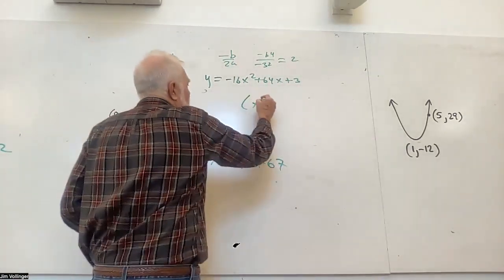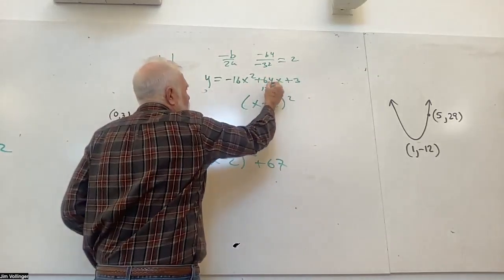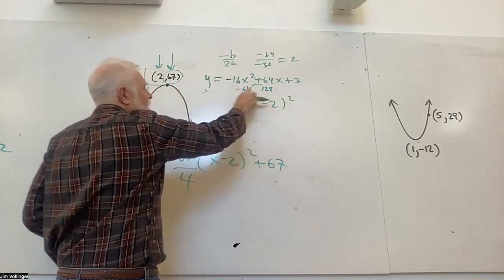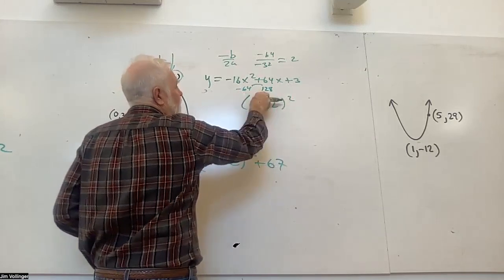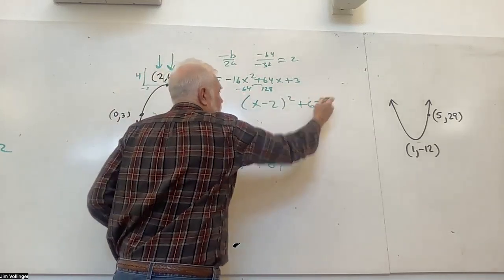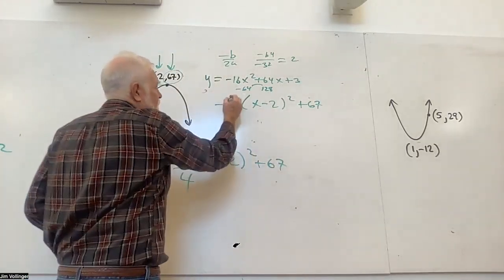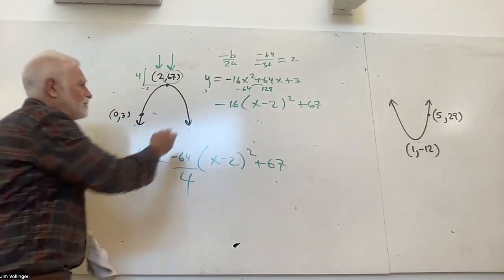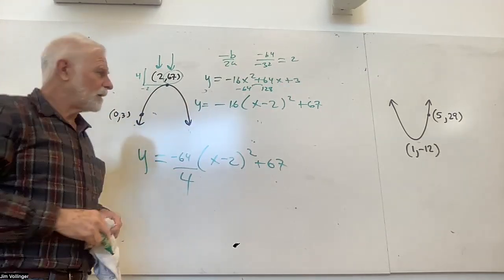So that would have become this statement. And if I plug 2 in, that's 128. That's minus 64. Might as well start the conversation. A 2-to-1 ratio that always happens at the vertex. If I add these together, I get 64 plus 3 is 67. That's an easy way to find the y value. And I've already got the x given. It's minus 16. And that's the graphing form. That's the graphing form for a quadratic.